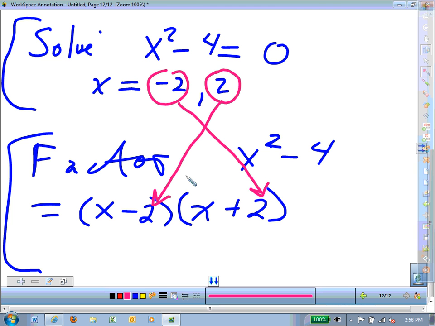If I find the solution, it also works the other way. It tells me the factors. So either way. Factoring is solving, solving is factoring in essence. They're not really separate things. But at some point back there, you had to learn them separately because you had to build the math first. But now you know something about both of those. So we don't need to separate them. We can take advantage that this is the relationship. Factors give you solutions, solutions give you factors.